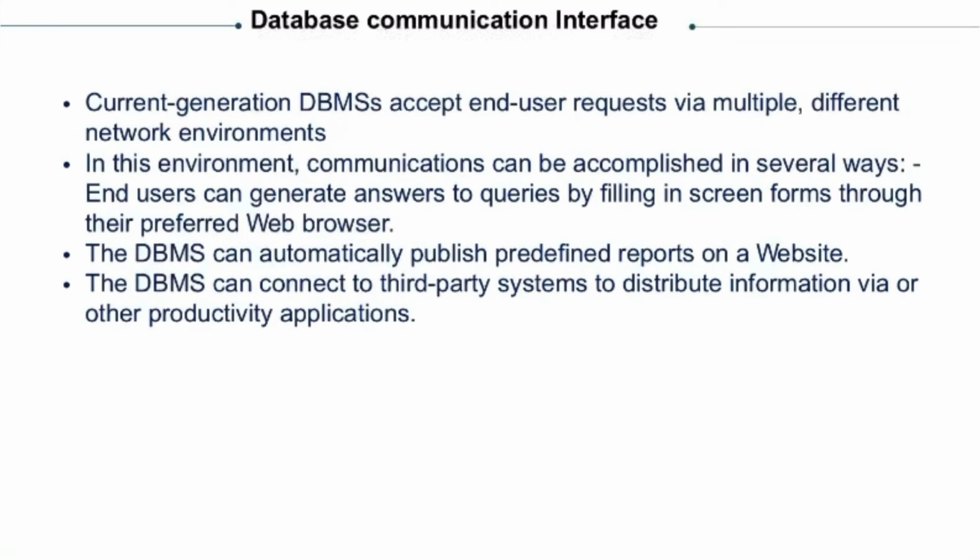In this environment, communication can be accomplished in several ways, such as end user can generate answer to queries by filling in screen forms through their preferred web browser. The DBMS can automatically publish predefined reports on the website. The DBMS can connect to third-party system to distribute information via email or other productivity application.